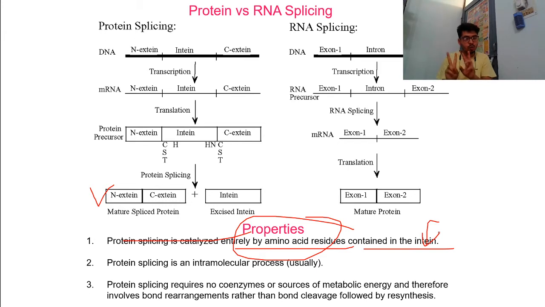You know this very well usually. In most cases, not all, splicing is an intramolecular process. Protein splicing requires no coenzyme or source of metabolic energy, and therefore involves bond rearrangement rather than bond cleavage followed by resynthesis. So this is the difference between protein and RNA splicing.